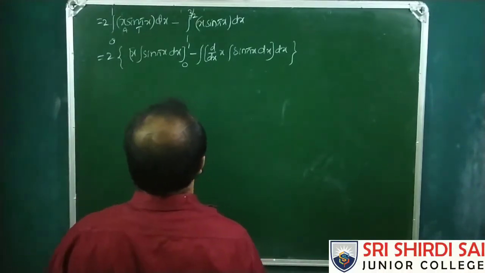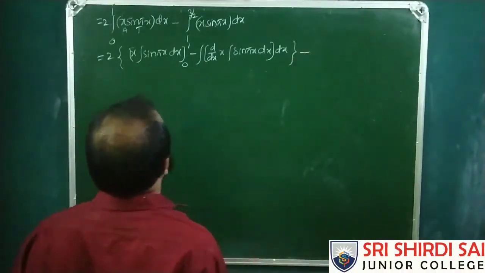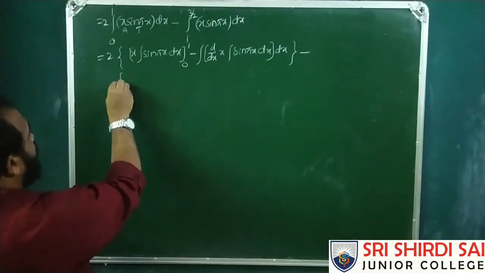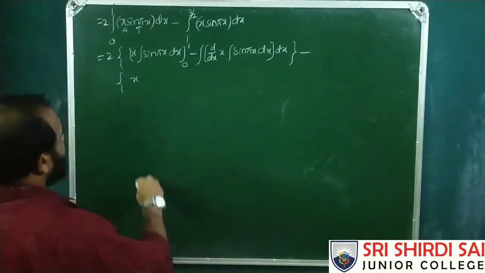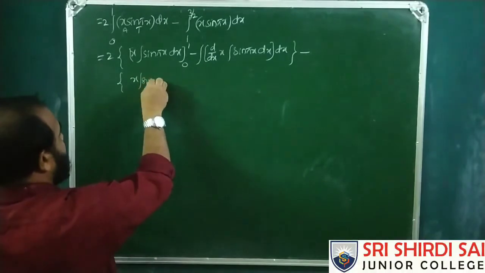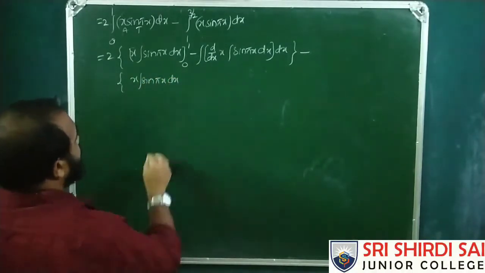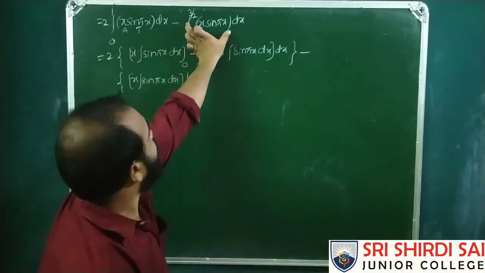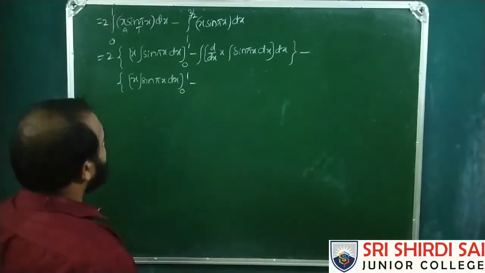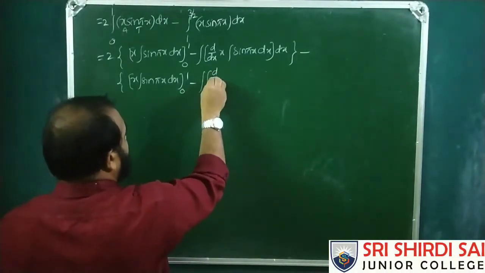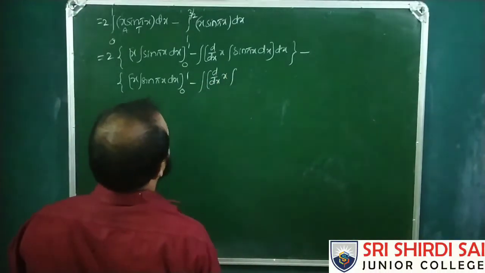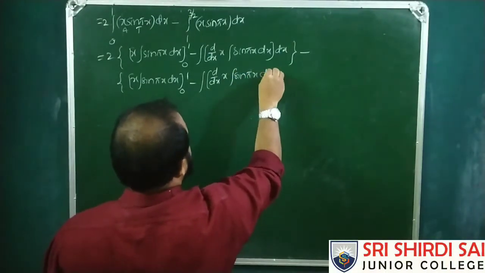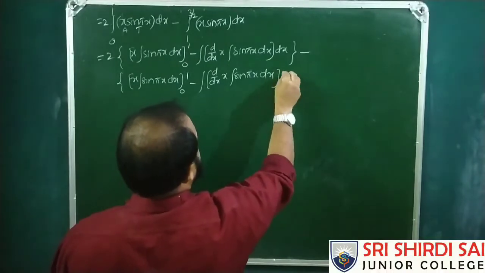Minus, this is also the same: minus of now, x integral sin pi x dx from 0 to 1, minus this part I am writing down, integral of d by dx of x into integral sin pi x, which is sin pi x dx, whole dx.